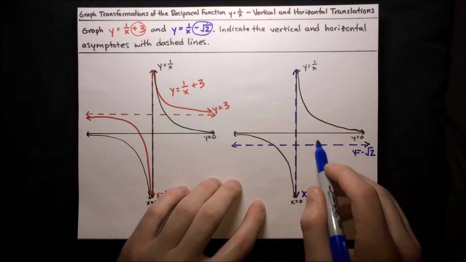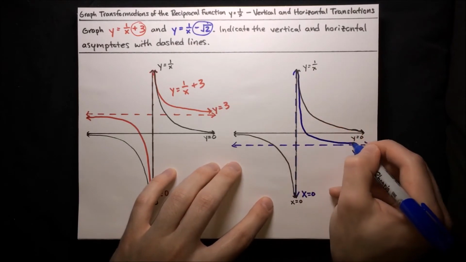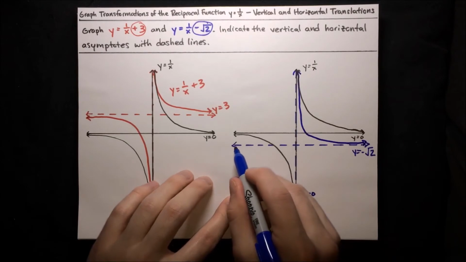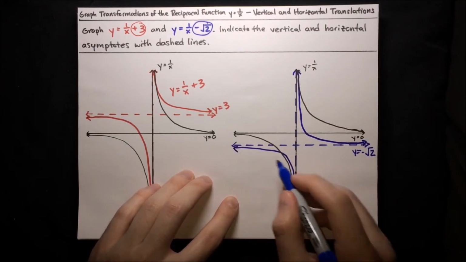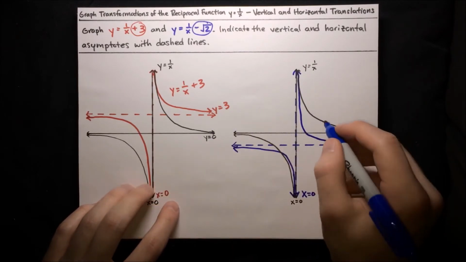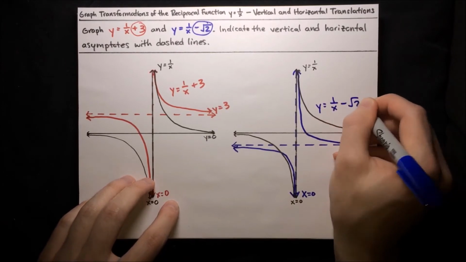There's a corner here, just a rounded off corner. And then the same idea on the other side, a rounded off corner here. And there we go. There is our graph of y equals 1 over x minus root 2.